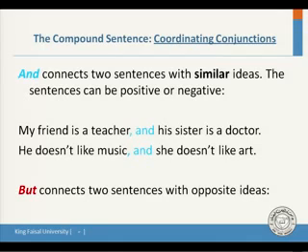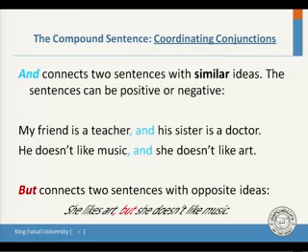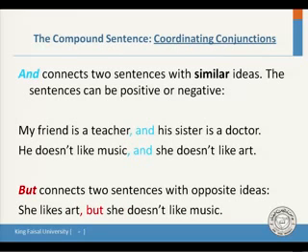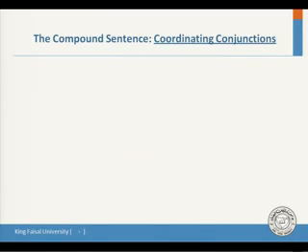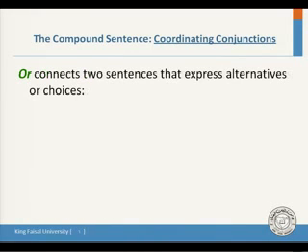These are compound sentences. Now, but. When do we use but? We use but to connect 2 opposite ideas, not similar ideas. She likes art, but she doesn't like music. I hope you remember this from the previous lecture. Now, also, or.